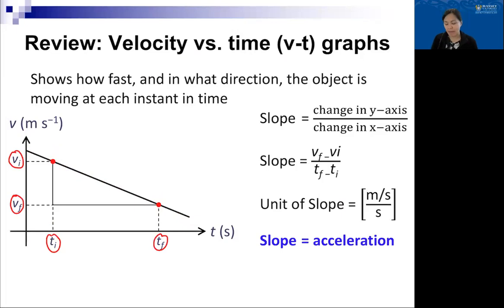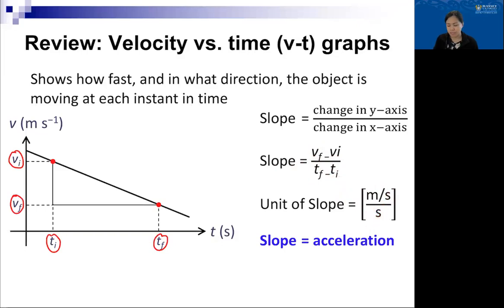And in a similar manner as the position time graph, we can get the slope of this line as the change in the y-axis, which is change in velocity vf minus vi, divided by the change in the x-axis, which is the change in the time tf minus ti, giving us, in terms of units, meters per second for the change in velocity and seconds for the time.